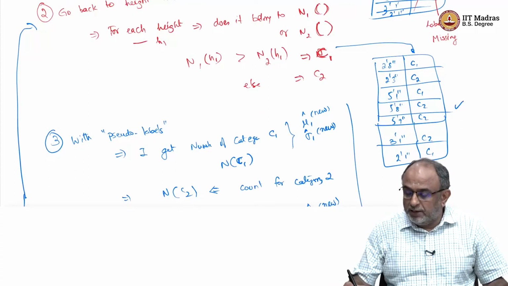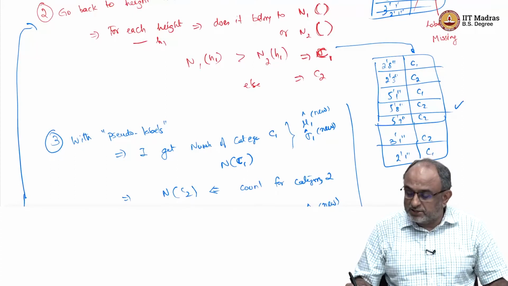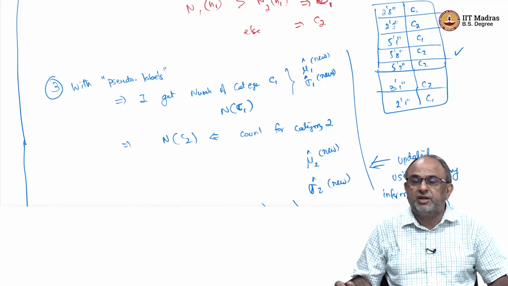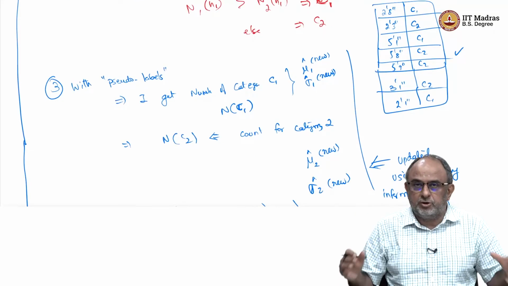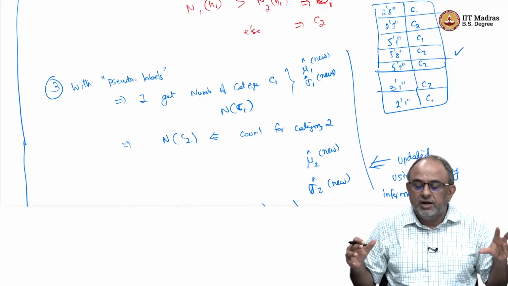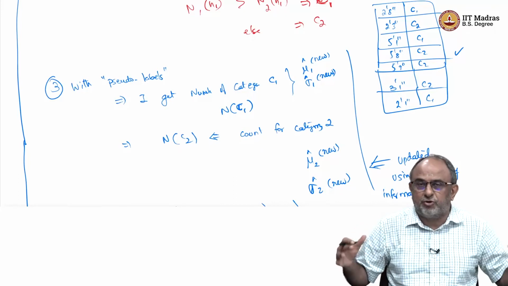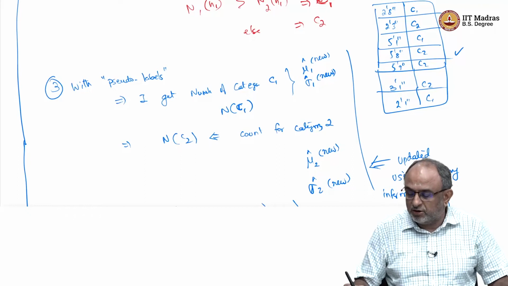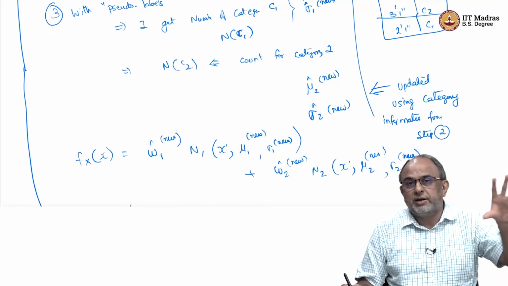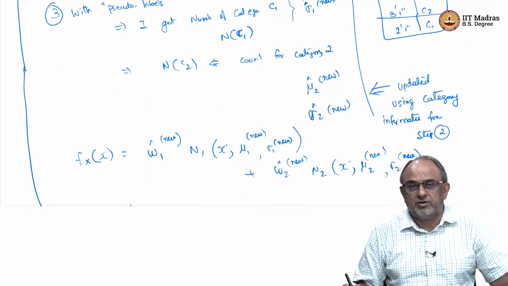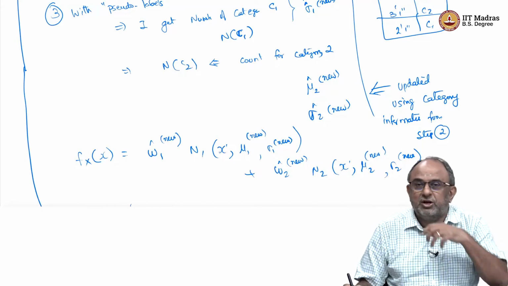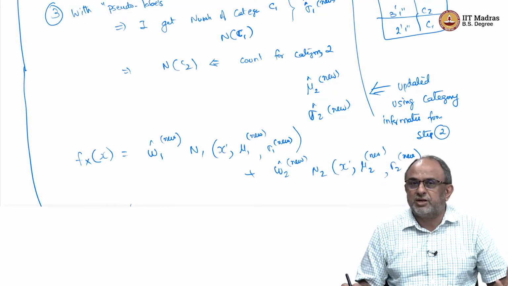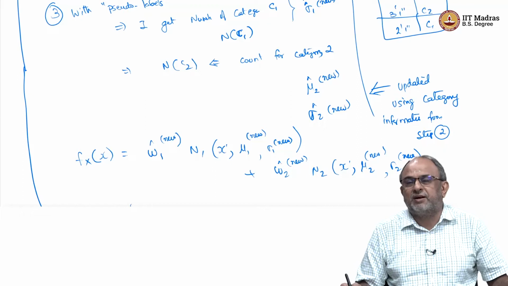Because of the guessed labels, I get a new partitioning of the two populations, and we iterate. Fortunately, it always will improve the likelihood. This algorithm will guarantee, and you will get to a reasonably good answer. Most of the time, it will work out very well. So, practically in many applications we do this. This is the basic idea of Gaussian mixture.